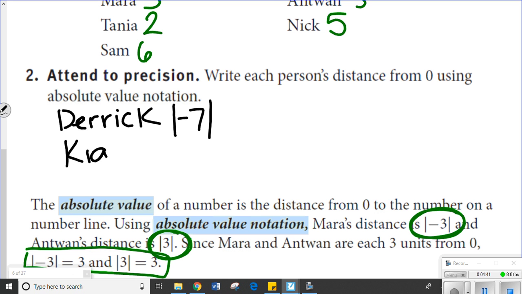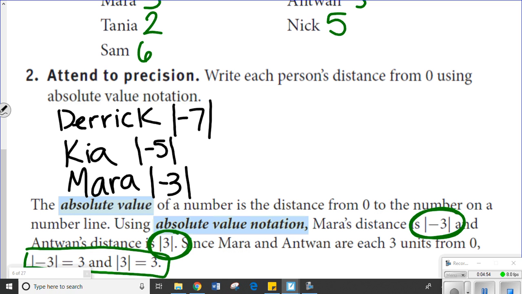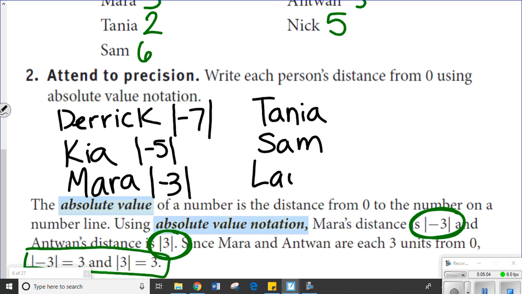Kia is standing on -5. Mara is standing at -3. And now I want you to keep going with the other students. You might need to pause the video and write down the absolute value of where they're standing.